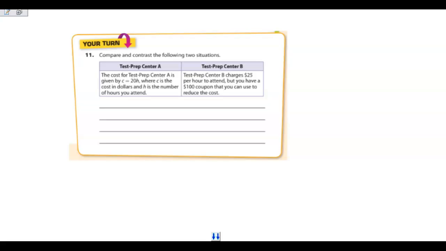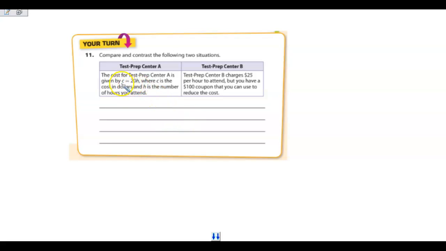All right, so let's take a look at number 11 on my your turn. I have 2 test prep centers, test prep center A and test prep center B, and we're going to compare and contrast these two. It says the cost for test prep center A is given by C equals 20H, where C is the cost in dollars and H is the number of hours you attend.